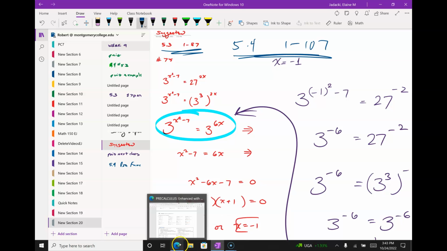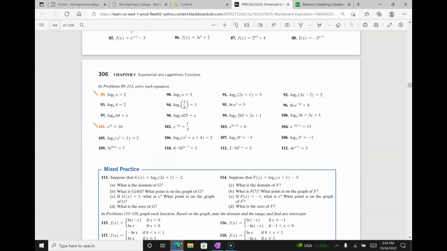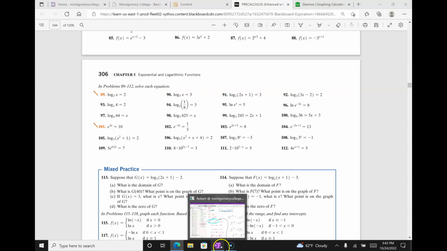Let's do a couple. They're easy, but you'll get one every now and then that you're confused about, and there's nothing wrong with that. So here we go. This is number 89.